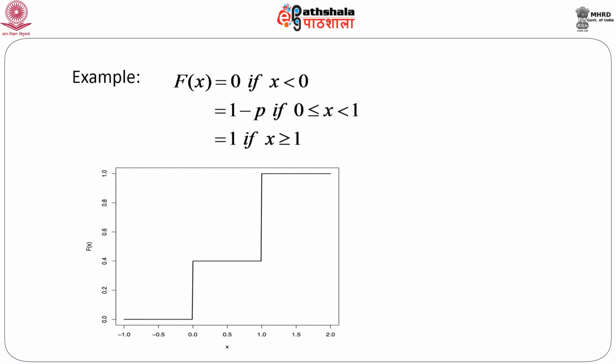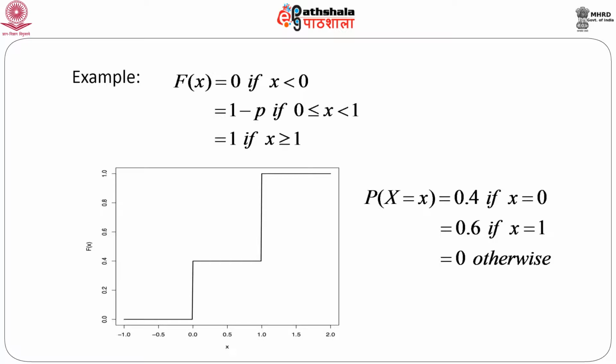So, this is the graph of this distribution function, and if you check the properties of the distribution function, you will be able to see that all the four properties are satisfied by this function F(x). From this function we can immediately see that whenever x equals 0, there is a jump, and this value is 0.4, and at x equals 1 it takes this amount.